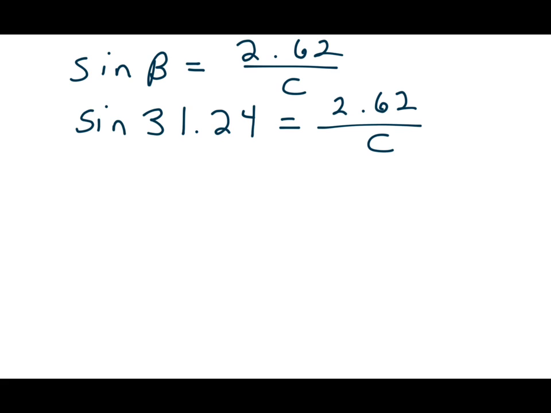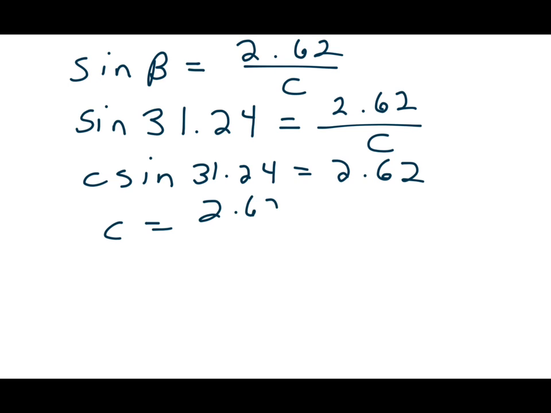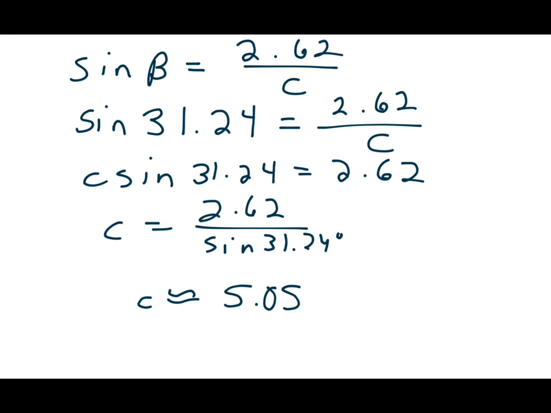So then if we want to solve for C, we multiply both sides by C, then divide by sine. So C is 2.62 divided by sine of 31.24 degrees, which gives us approximately 5.05. Okay? So that's how we do it.